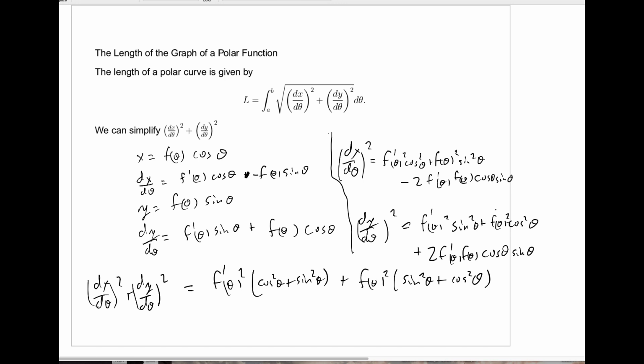And again, this cross term cancels. And of course, you remember cosine squared theta plus sine squared theta is 1. So you end up with nothing but f prime of theta squared plus f of theta squared, which we can write in this other form. f of theta was just r, remember. So this is r squared plus f prime of theta squared, which is dr d theta squared.